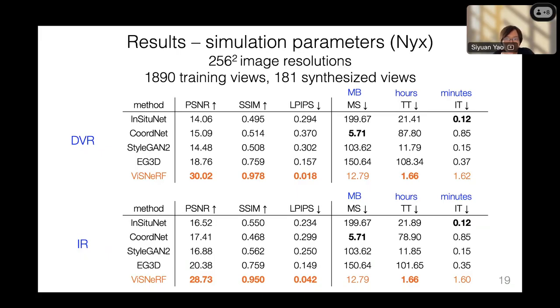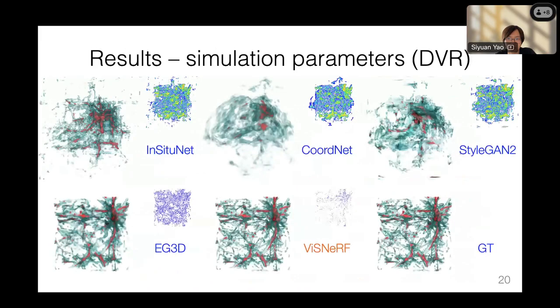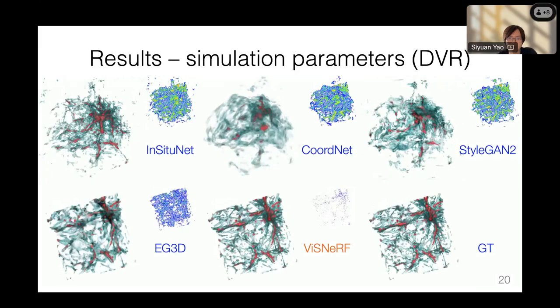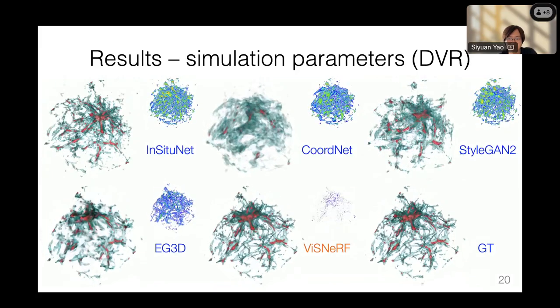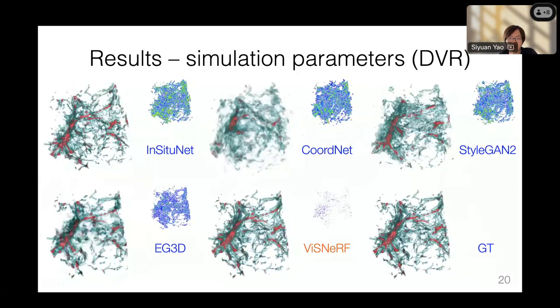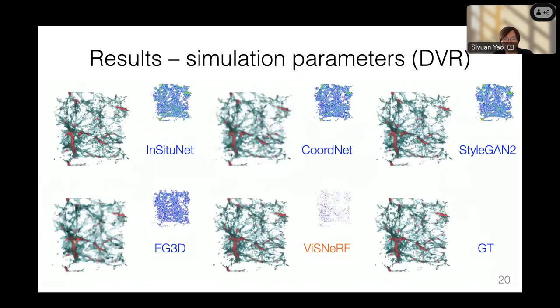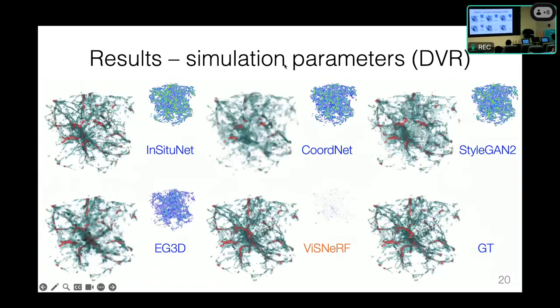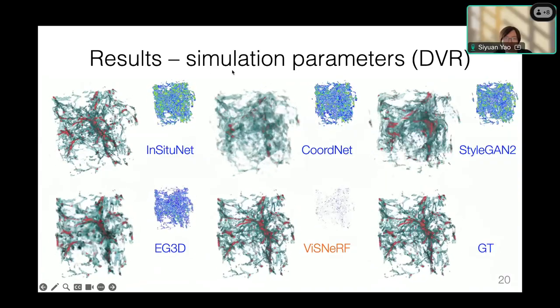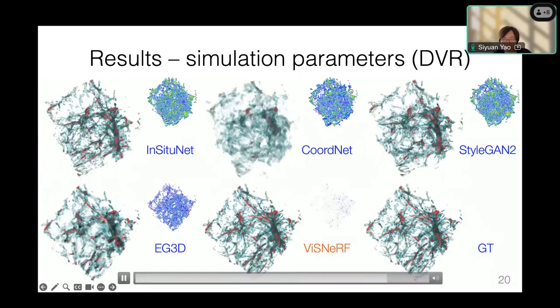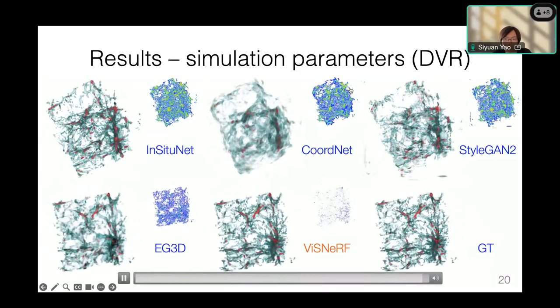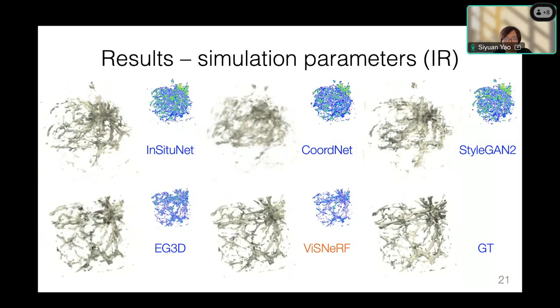We compare both direct volume rendering images and ISO surface rendering images. The first result is direct volume rendering images. We're able to see that VisNerf also produces a very high quality result, even though we are handling three changing simulation parameters. And the same for ISO surface rendering.